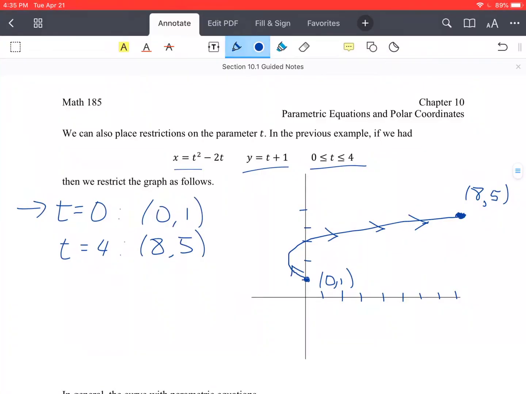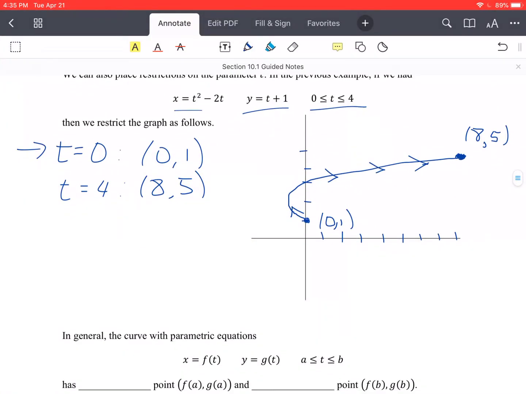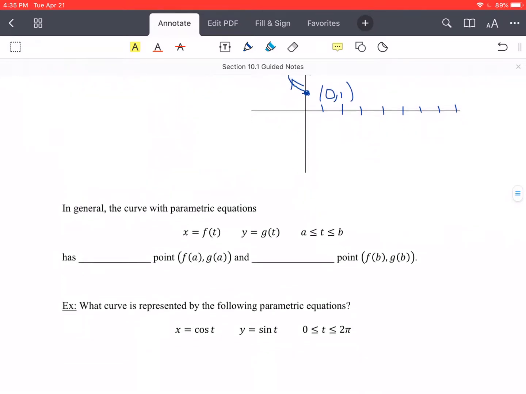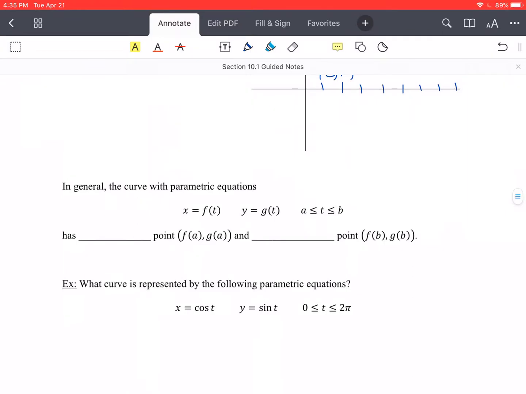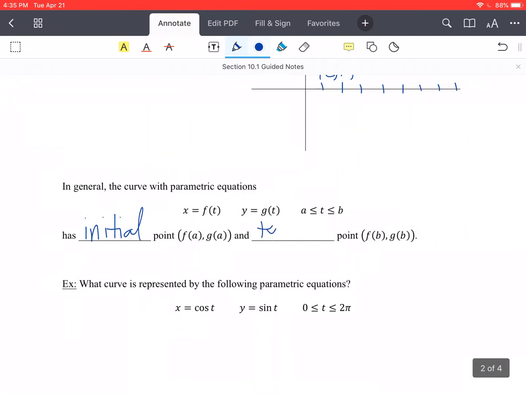Okay, so when we are limiting the start and finish points of this parametric equation, then we have some terminology for this. So in general, the curve with parametric equations, x being a function of t, y a function of t, with t going from a to b, has what we call an initial point at f of a comma g of a, and a terminal point at f of b comma g of b.